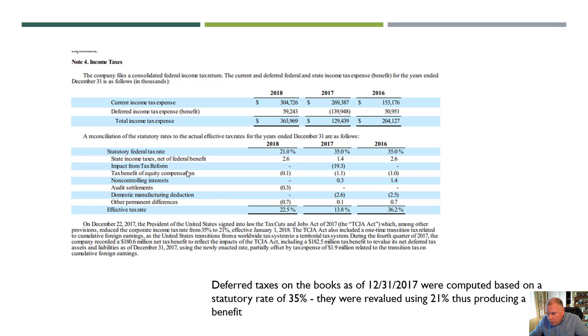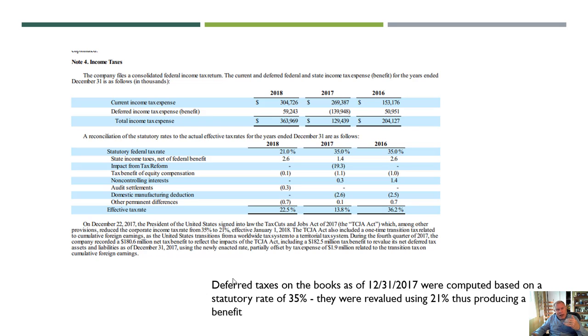Now, what is that? Is this tax cut and job creation? It changed the rate. So where the maximum rate was 35, it's now 21. So deferred taxes, which were previously calculated at 35%, are now going to be taxed at 21.